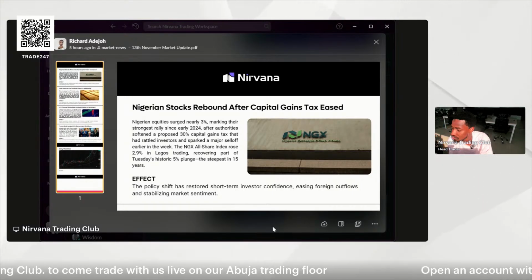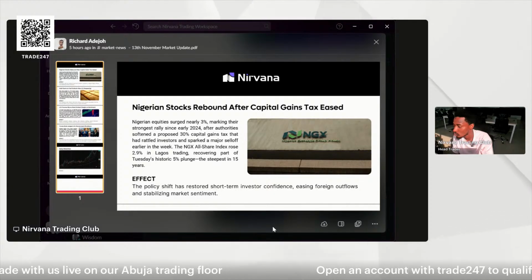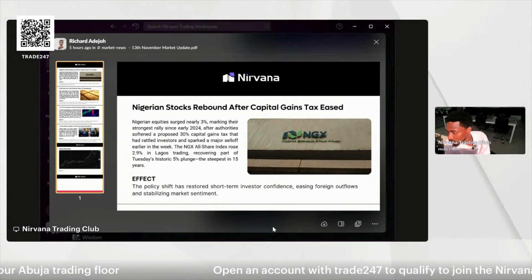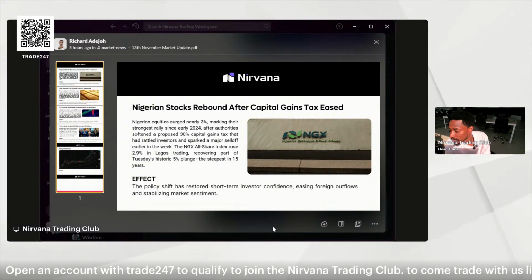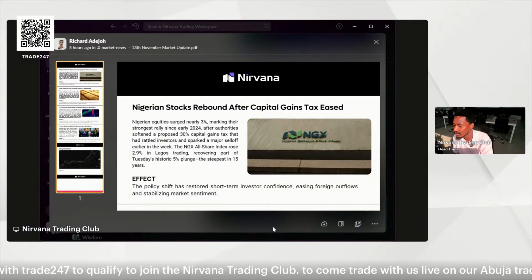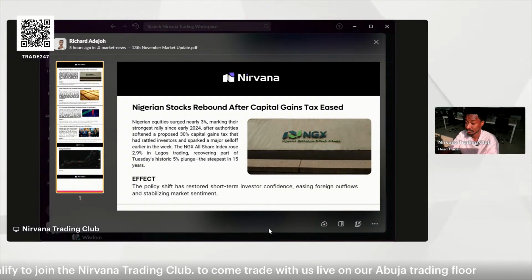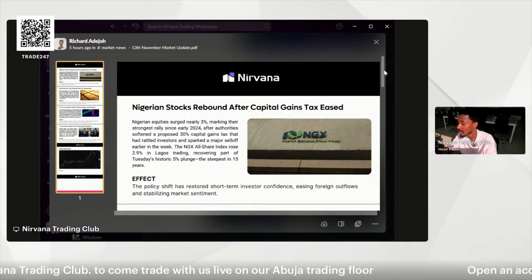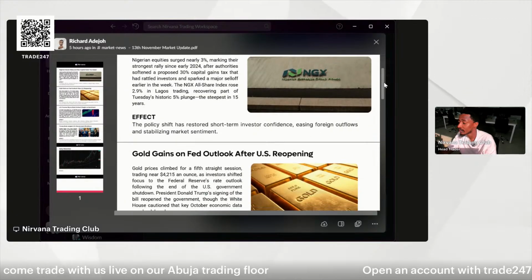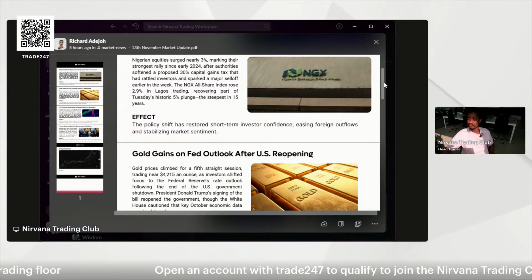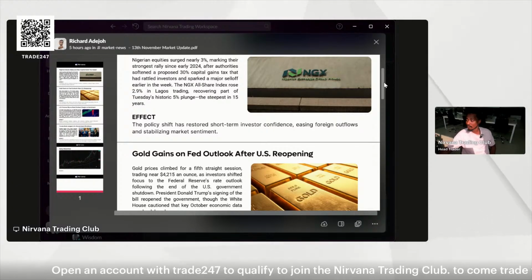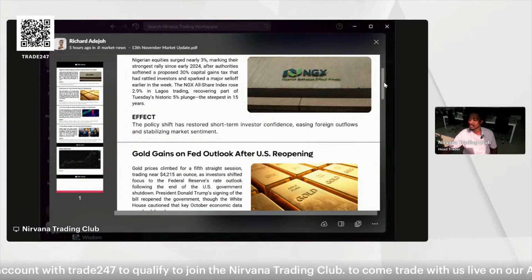The Nigerian Exchange All Share Index rose 2.9% in Lagos trading, recovering part of Tuesday's historic 5% plunge, the steepest in 15 years. Wow. I think Donald Trump added to this. The effect: the policy shift has restored short-term investors' confidence, easing foreign outflows and stabilizing market sentiment.